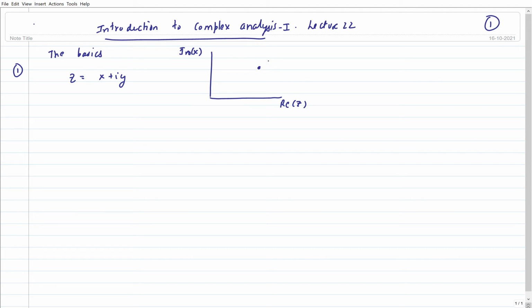and over here is z, x plus iota y, and another way to represent this is r e to the power iota theta, or r times cosine theta plus iota sine theta. Let me just write it here.